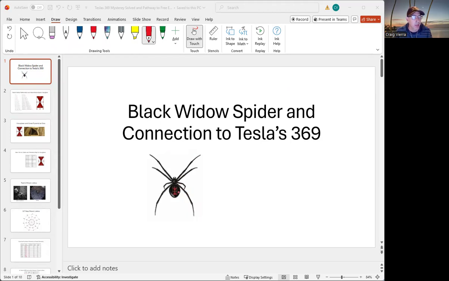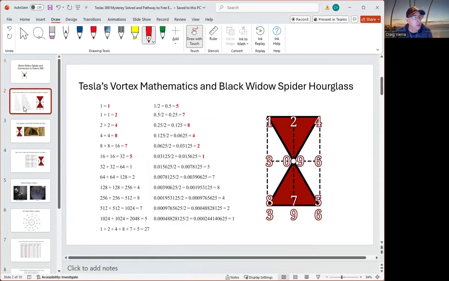This hourglass that I modeled Tesla's vortex mathematics back onto is actually a picture of the etheric lattice, but in this particular symbol, kind of almost like a condensed form. So let's continue through some of the slides here so that I can show you this.